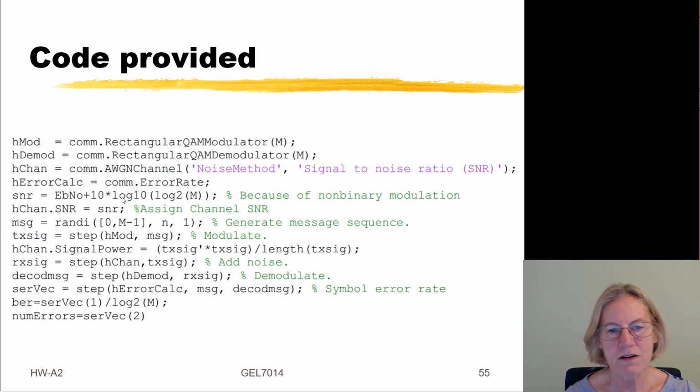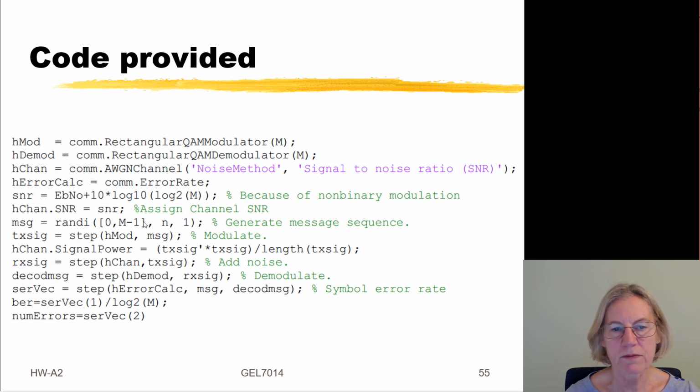And you can see here for QAM modulation, we have this log2(M). So after we've established the communications channels, we've said which M it is. M here is going to indicate how many points in the constellation. We come down here and we generate a message. And so this N here is telling us how many symbols I should generate.